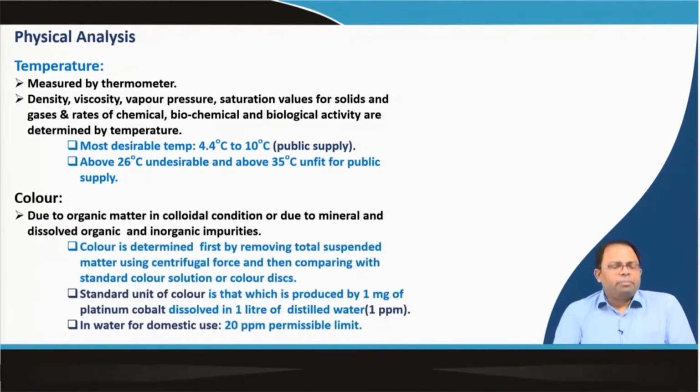And then after temperature, the next physical test that we conduct is to check the color of water. And as we have discussed earlier, the color of water is because of presence of organic matter, particularly in colloidal condition, but it could also be due to mineral matter as well as other dissolved organic and inorganic impurities.